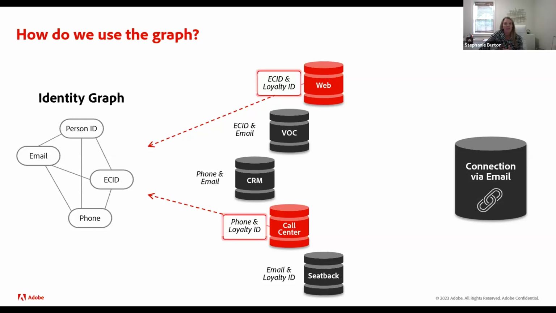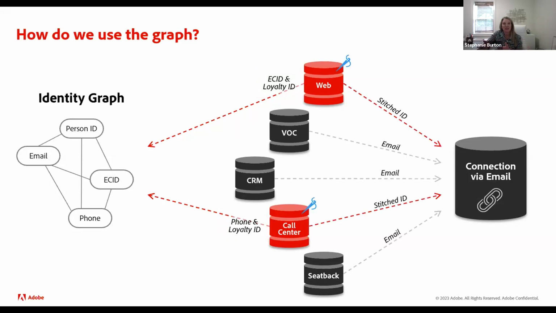Now, what happens is you end up with those 2 new copies of your data sets for the stitched versions. And now I can actually build that connection, right? I have my email for my voice of the customer, CRM and CFAC data, but now I can still pull in my web and call center data, and it's going to use an email to stitch everything together when available, right?